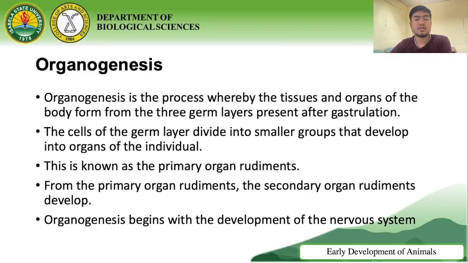So this is known as the primary organ rudiments. So from the primary organ rudiments, the secondary organ rudiments develop. Okay, and organogenesis begins with the development of the nervous system. So mauna munang ma-develop ang nervous system before noong mga susunod na mga organ system.